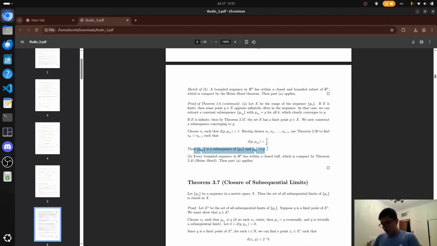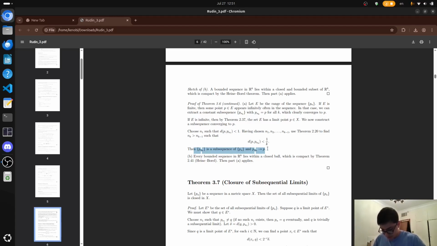Let me just take a look in the book real quick to give you a more exact idea of this proof, because I'm not sure if we're using theorem 2.20 here, and we just want to make sure what that theorem is.